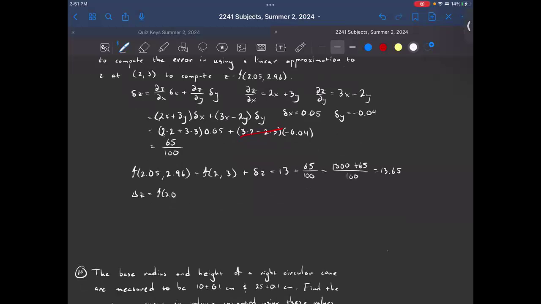And if you go ahead and compute that with your calculator, or use like a Taylor series or something for this, minus f of 2, 3, we should get 0.6449, and so delta z would give us that f of 2.05, comma 2.96 is approximately 13.6449. And so those are pretty darn close, but one of them is a little bit easier to compute. This one requires taking derivatives, so it's actually the harder one.